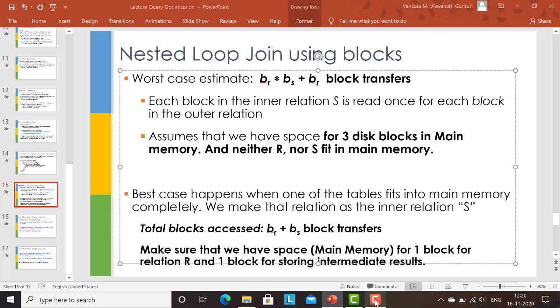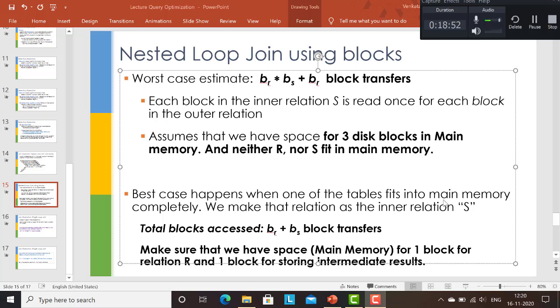So under these conditions, S fits completely, you have space for at least one block from relation R, and you have some space for the intermediate results also.